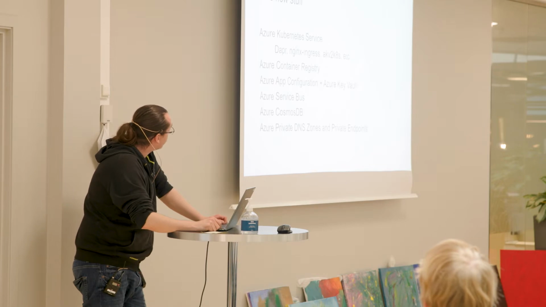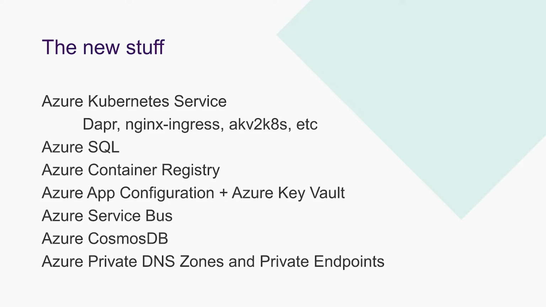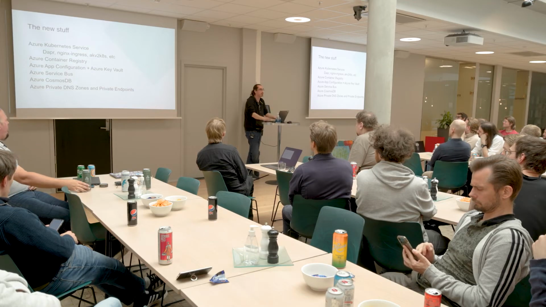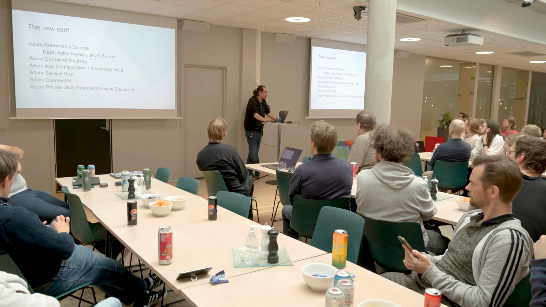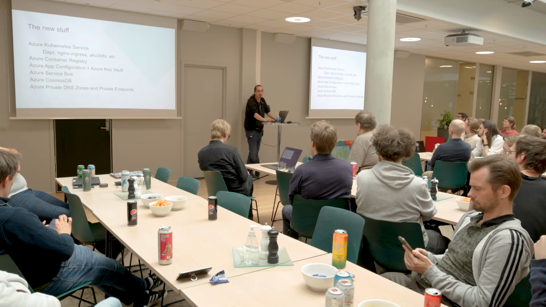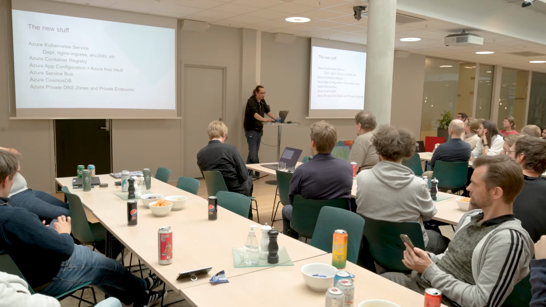Other stuff that we have implemented, apart from AKS, I can't go into detail on what we run in the cluster, but we run something called Dapr, which I'll get back to. We run the Nginx ingress. We run a component called Azure Key Vault to Kubernetes, which works quite well for us to sync Key Vault secrets, or secrets in Key Vault to secret objects in Kubernetes, while letting us use Key Vault as the source of our secrets.